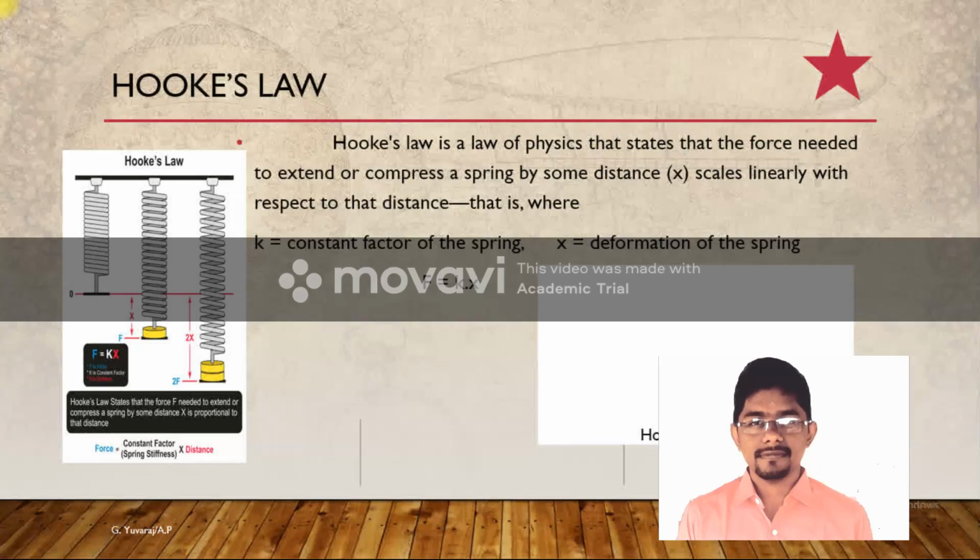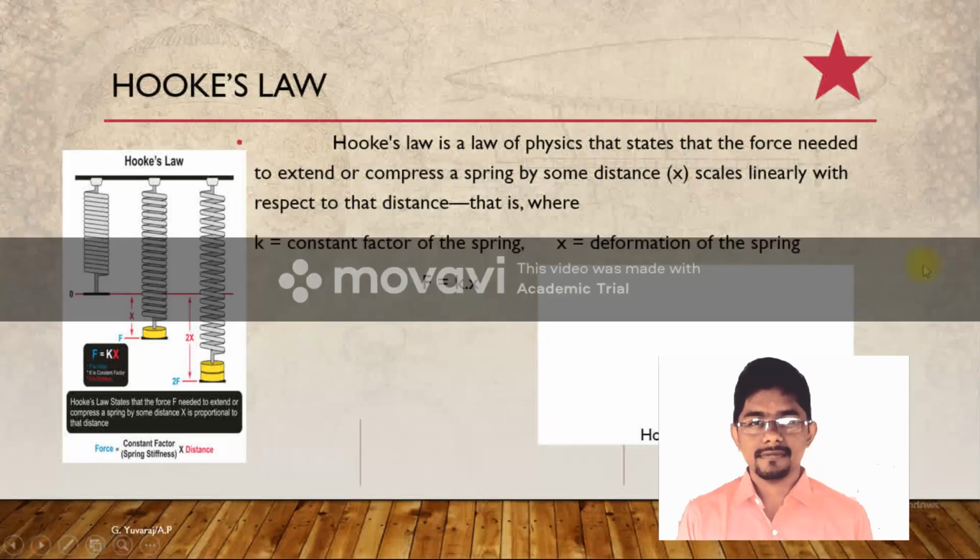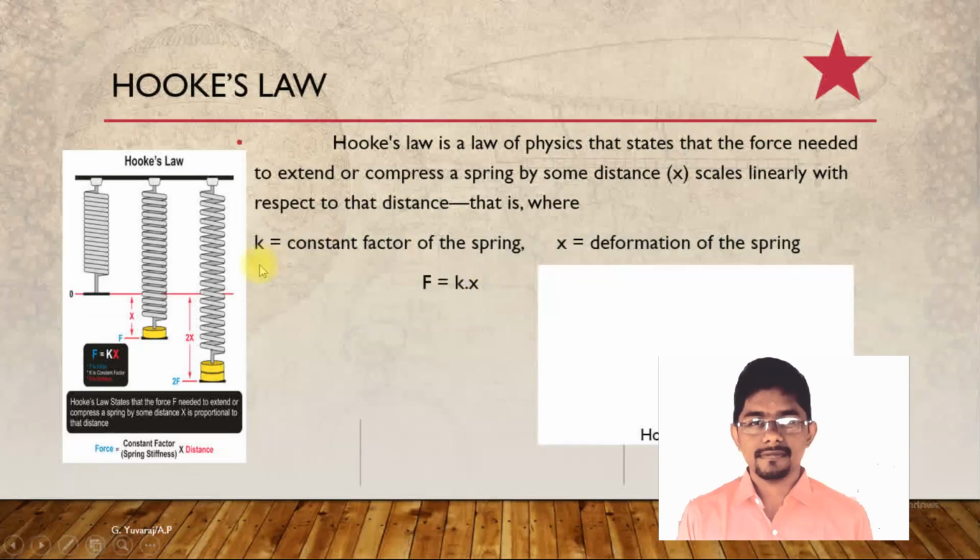Because of the compression or tension, we can easily determine the spring stiffness value. Therefore, the equation of Hooke's law is F = K x. K is the spring constant, or otherwise the stiffness of the spring, and x is the displacement taken by the spring.